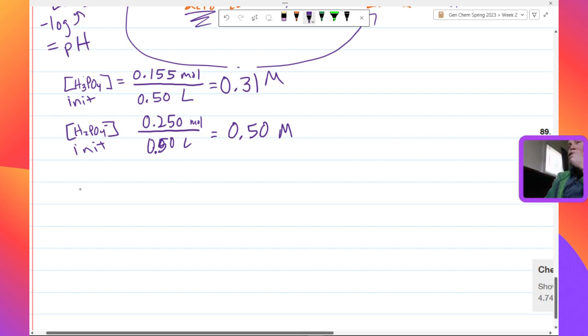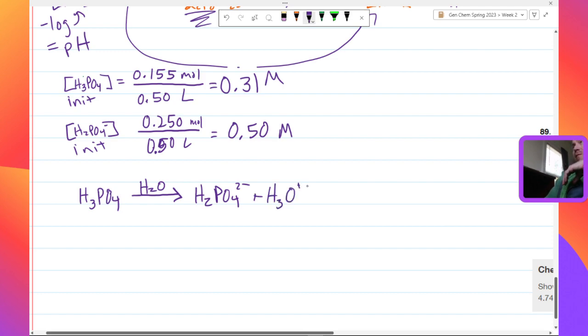So we have our H3PO4, which is going to dissociate with water, which, as we've discussed, is not in the RICE table, so let's write it like this, to become H2PO4 minus, the conjugate base, and H3O plus, the hydronium ion.